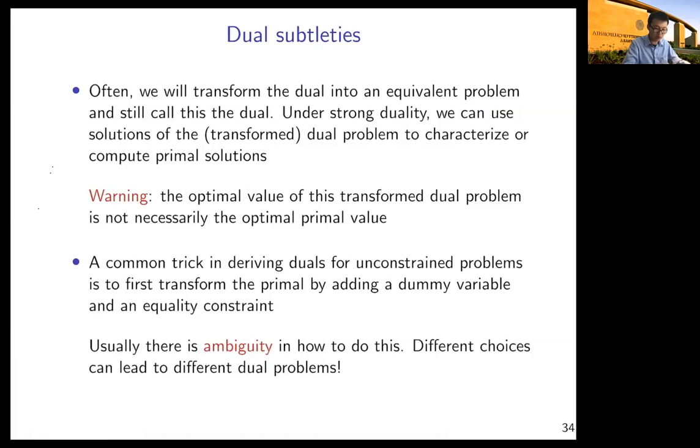So when you have a problem yourself, my suggestion is that since it is not too difficult to derive the dual, just try multiple approaches. Maybe you like one way better than another. Maybe there are some insights that are more easily seen from one way of reformulating the problem than the other.